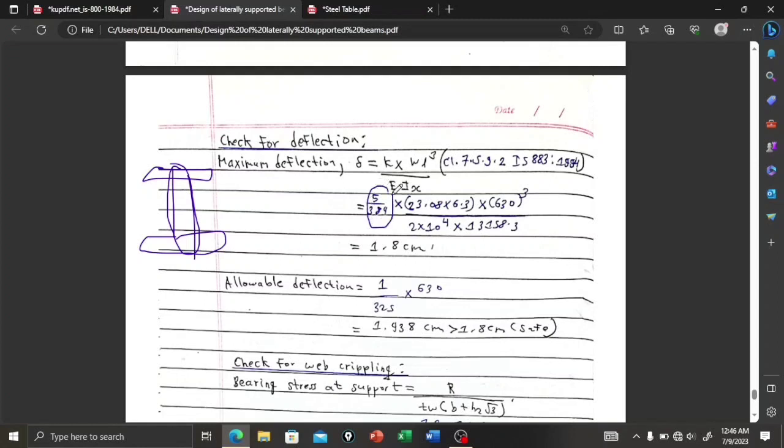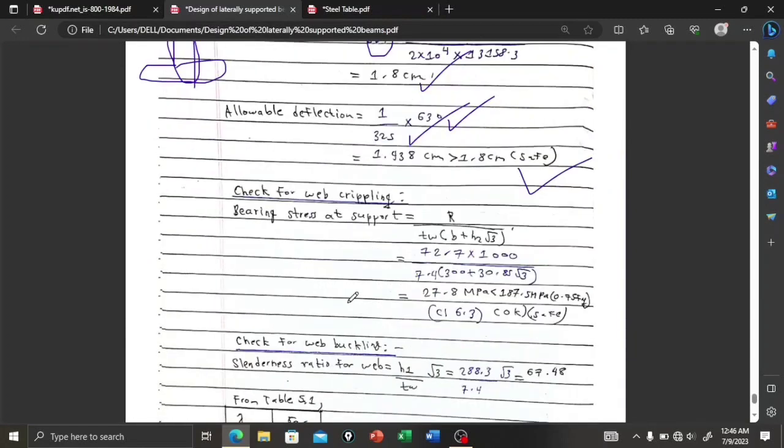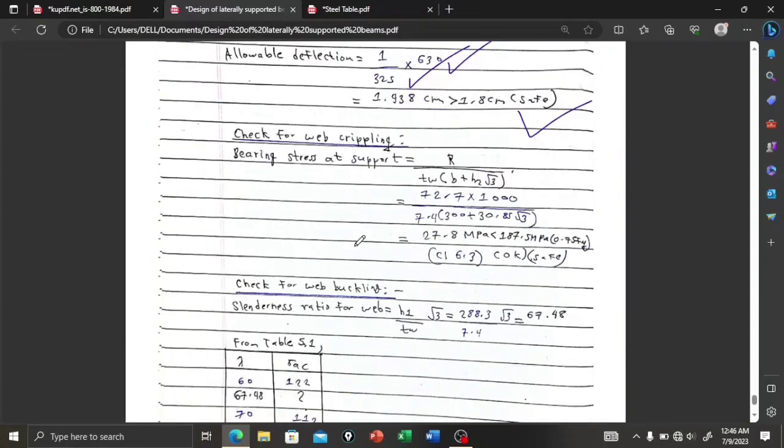The K value and delta value are given in this code. So maximum deflection is 1.8 centimeter and allowable deflection is 630 divided by 325, that is 1.938 centimeter, which is greater than this 1.8. So safe. Next check for web crippling.